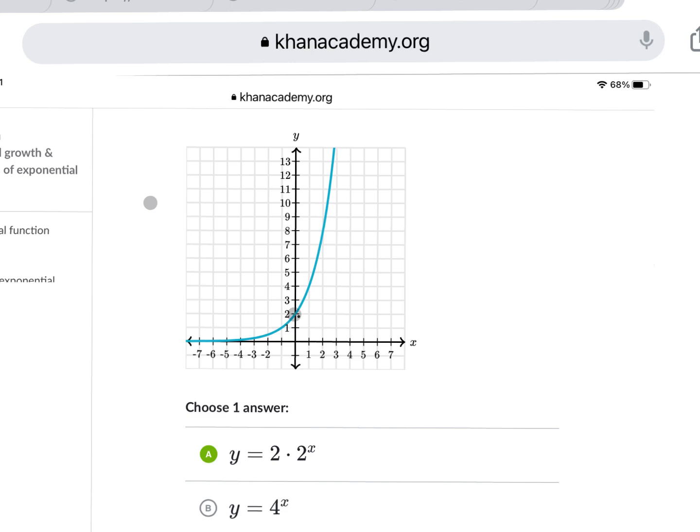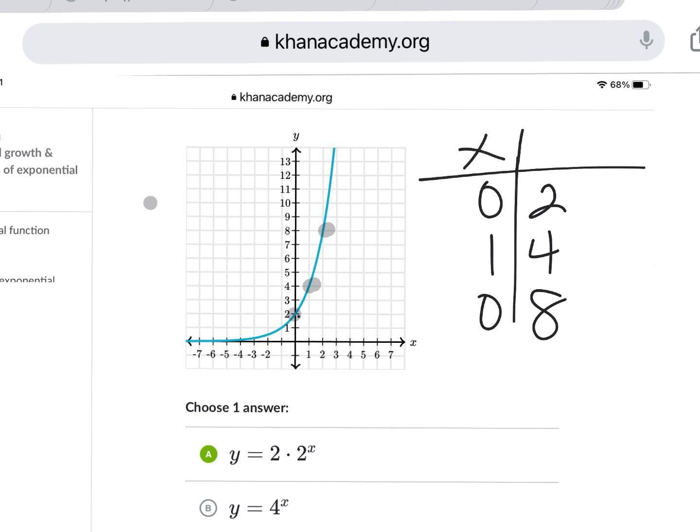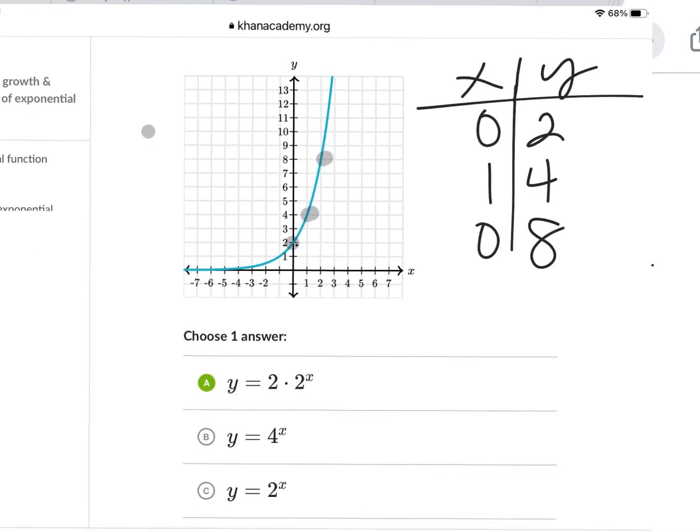And another point at 1, 4. Oops, that should be a 1, 4. And then you've got another point at 2, 8. So you've got multiple points you can use. You can literally just plug in your x values to the graphs below and figure out which one you have going. I think that's the easiest.